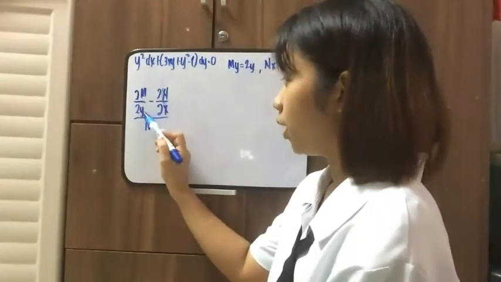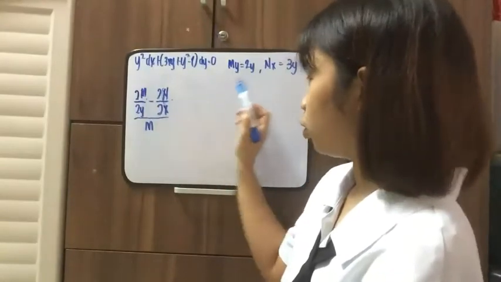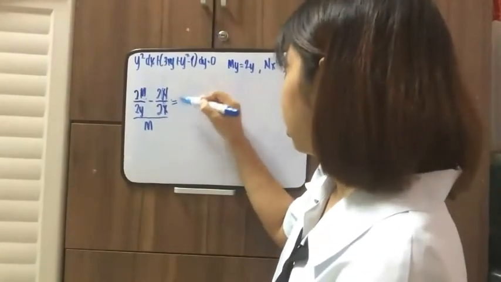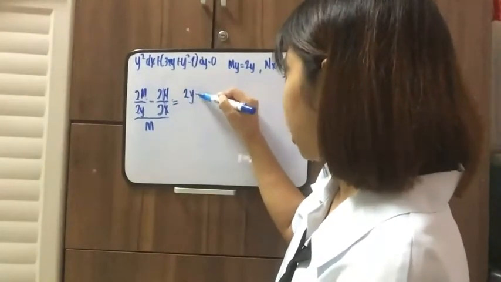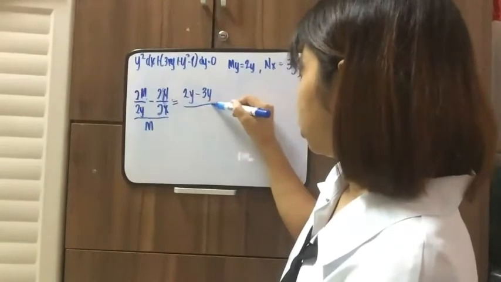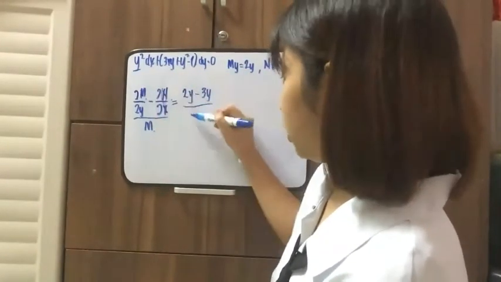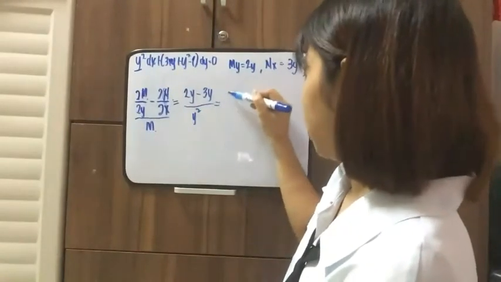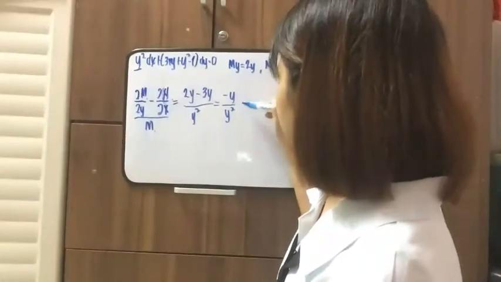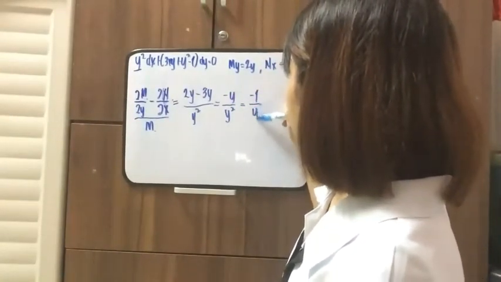So we already have the values, and we are just going to substitute. Our 2y minus 3y over M, which for this equation is y squared. Then simplify: negative y over y squared, so negative 1 over y.